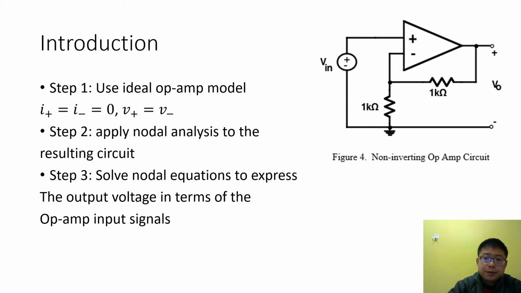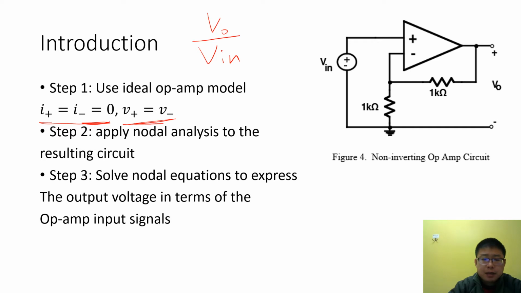What we want to know from analyzing the operational amplifier circuit is the relationship between VO and Vin. So there are three steps in analyzing the circuit. The first step is to use the ideal model, which means the input current equals 0 and the voltages at the positive and negative terminals are the same.